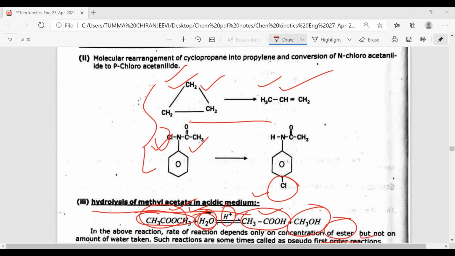That is 42 ml at time 0, 27 at 10 minutes, 17.9 at 20 minutes, 11.2 at 30 minutes. That means the volume of KMnO4 required to react with a definite volume of the hydrogen peroxide solution.